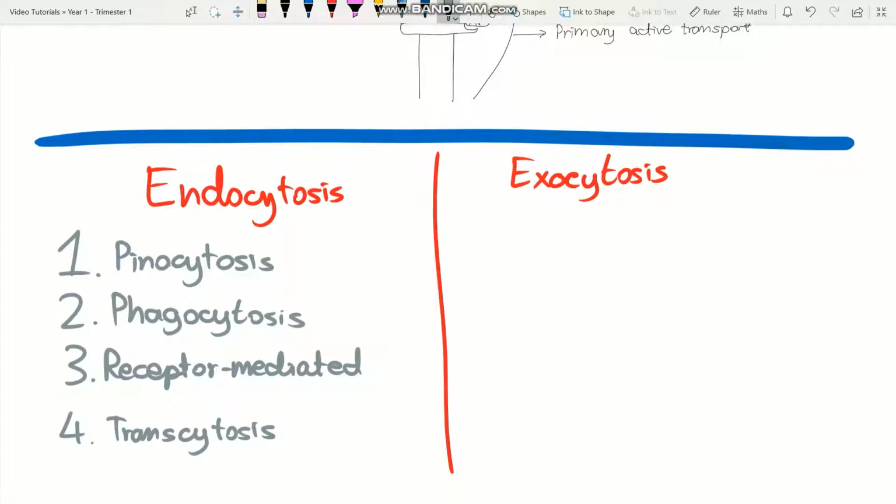In terms of exocytosis, there are two main types. Firstly, there is vesicle-mediated trafficking, or vesicle-mediated exocytosis. And like endocytosis, there is also transcytosis.